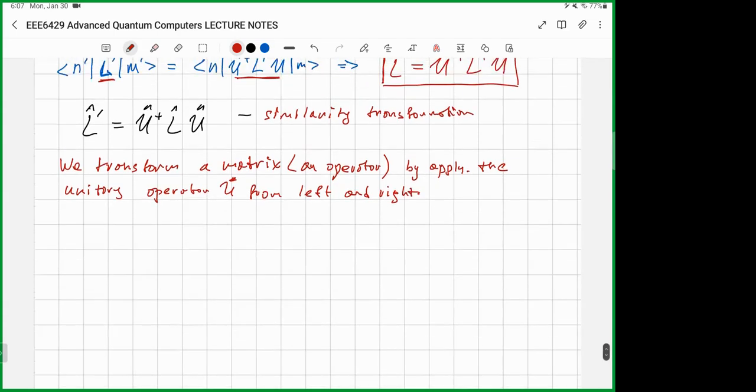But when we apply it from the left, we take the Hermitian conjugation of this operator.